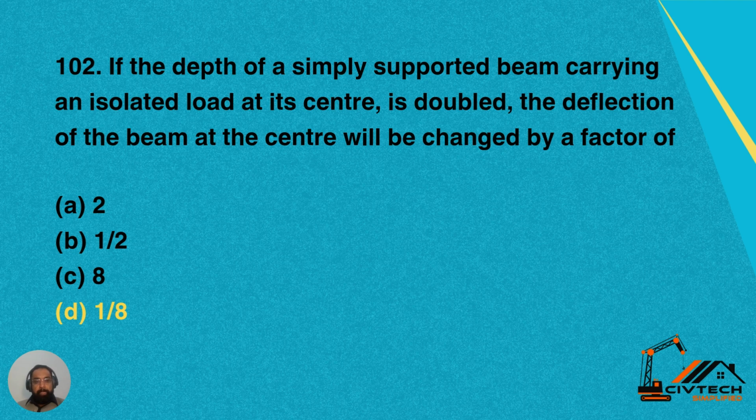So this deflection would be changed by a factor of 1 by 8. It will be reduced by 1 by 8 if we double the depth of the simply supported beam. So 1 by 8 is correct, which is D. Option D is the correct answer for this question.